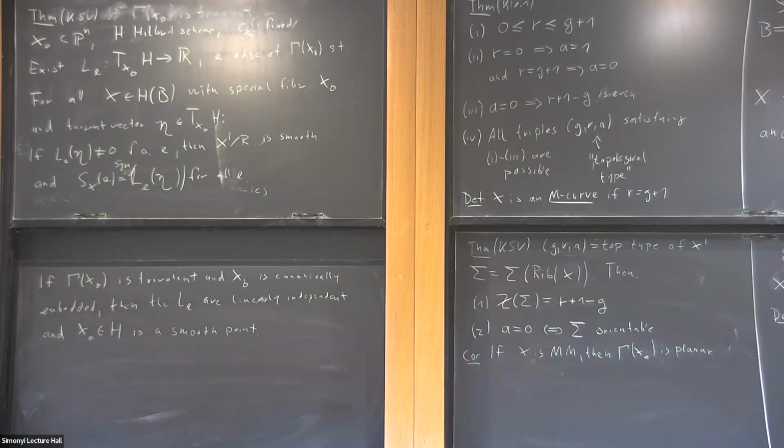And the last, very vague question is: you can look at the real points in the M_g bar space and then look at which points correspond to M-curves. And I think this should have some nice combinatorial or topological properties.